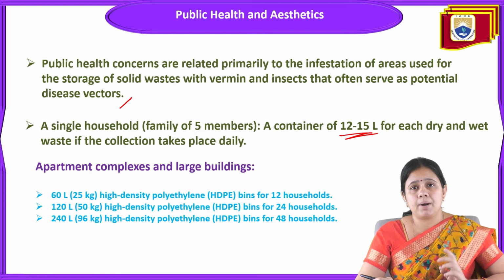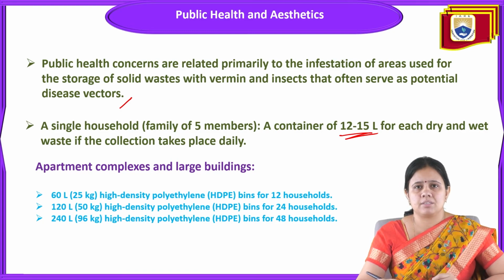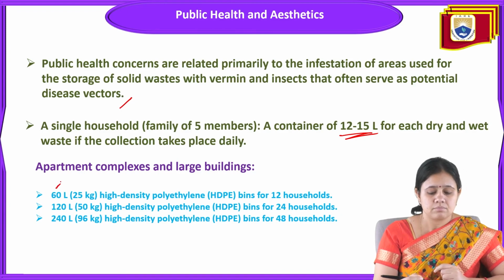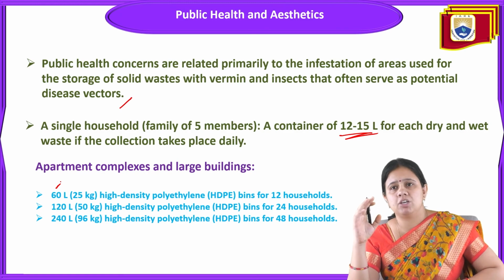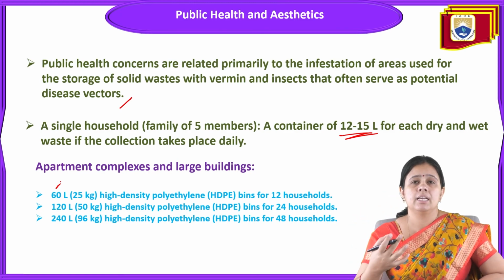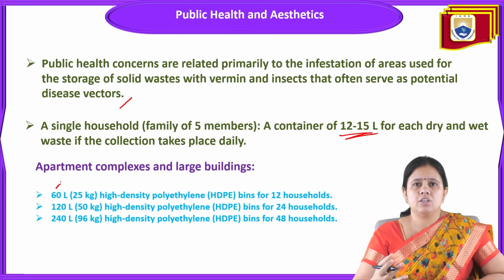And if it is an apartment, complex or large building, then a 60-liter capacity, like a 25 kg HDPE bin, for 12 households. If an apartment has 12 houses, then the capacity of the container should be 60 liter or 25 kg.